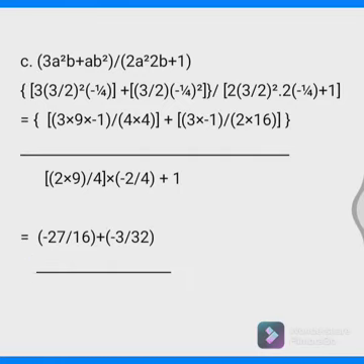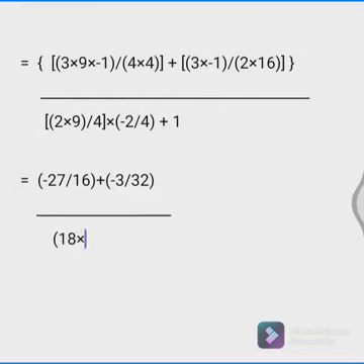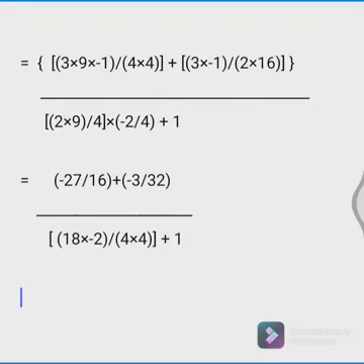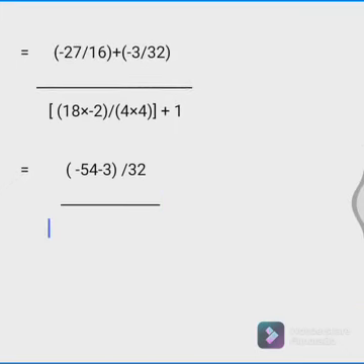Then we have a fraction in the denominator being added to a whole number. So we know that the LCM of the numerator is 32. So 32 divided by 16 is 2 times 27 minus 3.